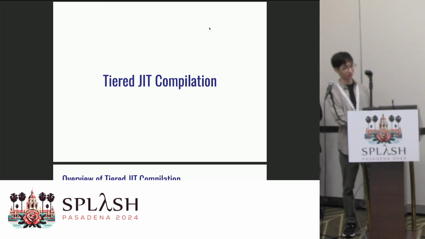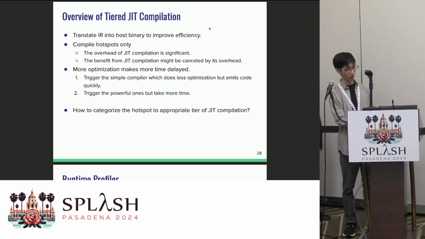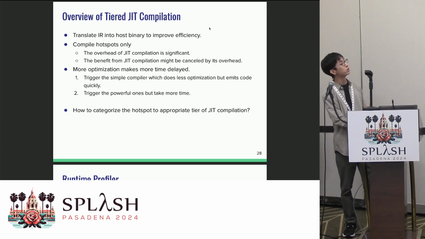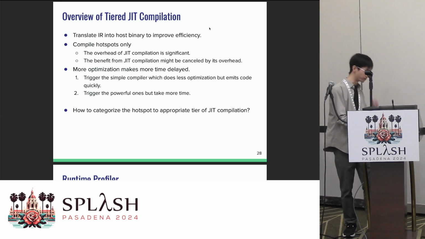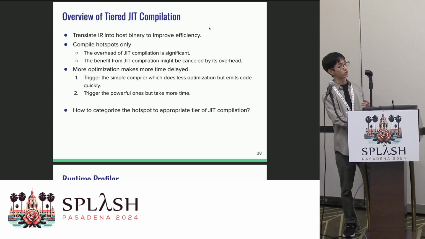Okay, here is the design of our JIT compiler. First, we want this compiler to translate the IR into the host binary to improve efficiency. But we want to only compile the hotspot, because the overhead of the JIT compilation is heavy, and the benefit from the JIT compilation might be cancelled by this overhead.